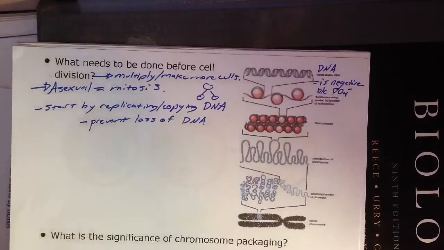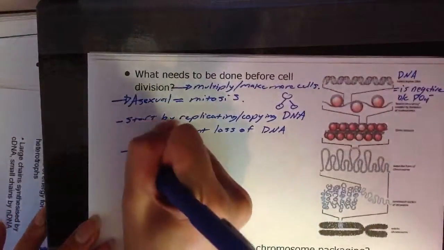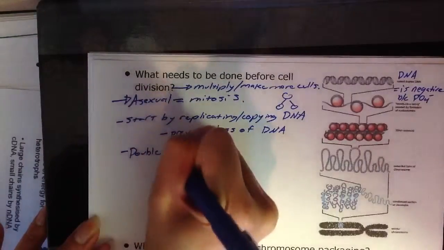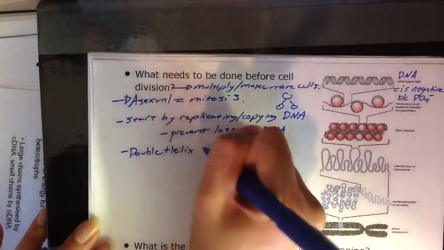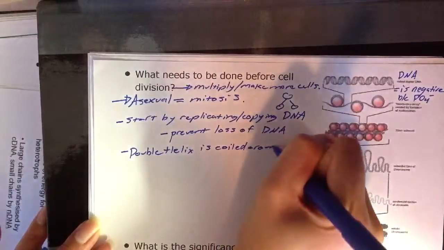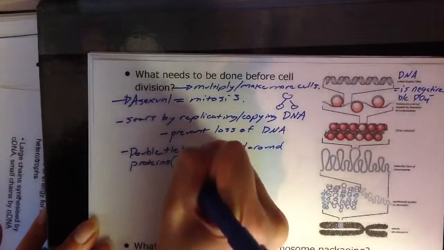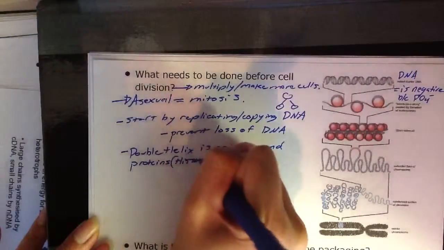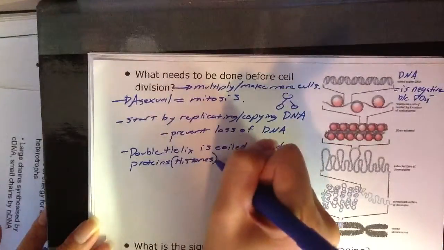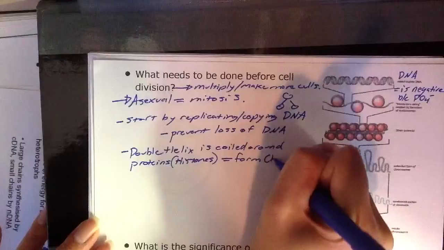Now, the double helix is actually going to coil around proteins known as histones to form a chromosome.